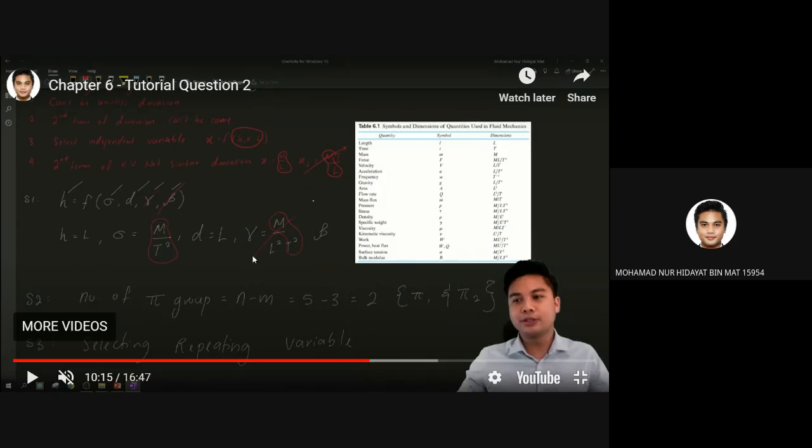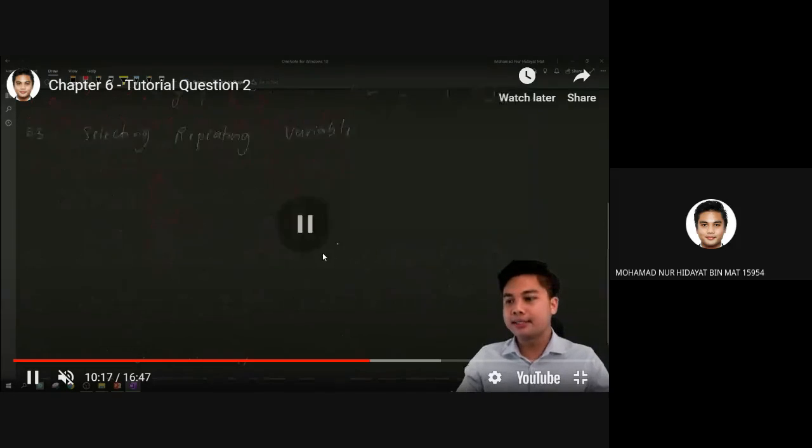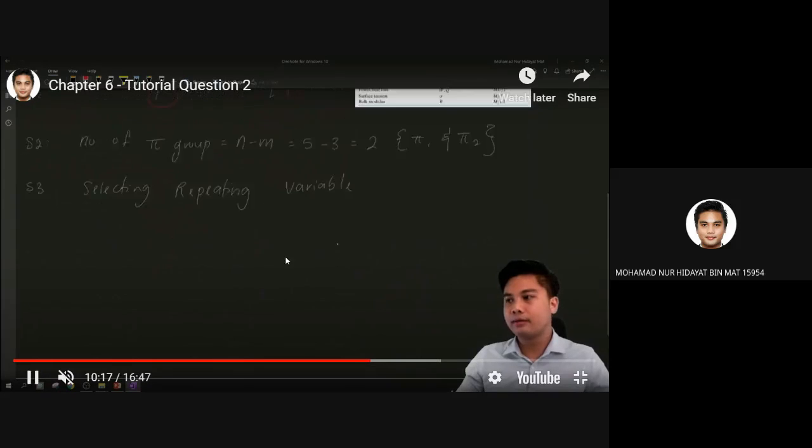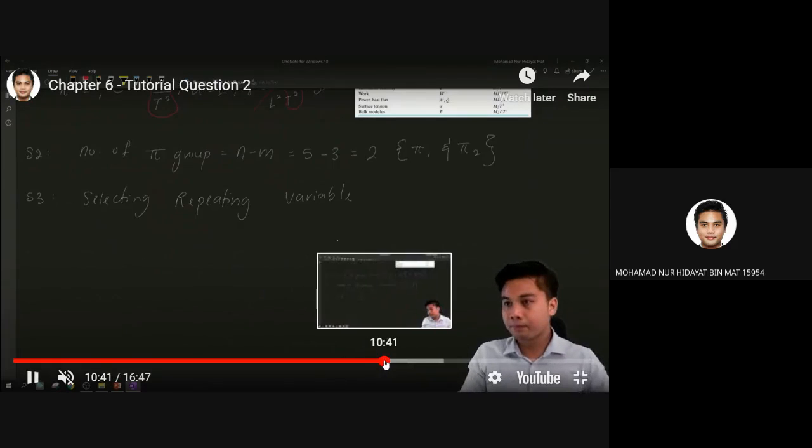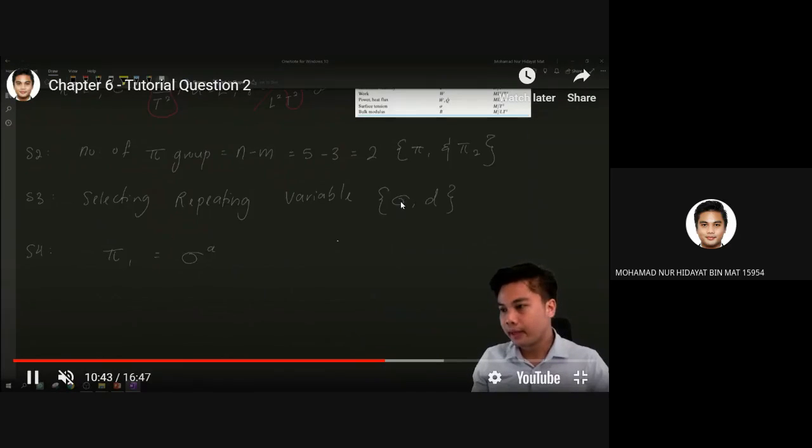So we cancel it out. We only take the sigma and d only, because this is enough to form the repeating variable. So our selected repeating variables are sigma and diameter.